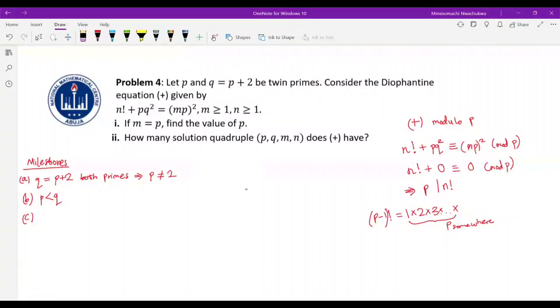So it means n must be greater than or equal to p. Okay, so I'll just erase this. So this implies that n is greater than or equal to p.